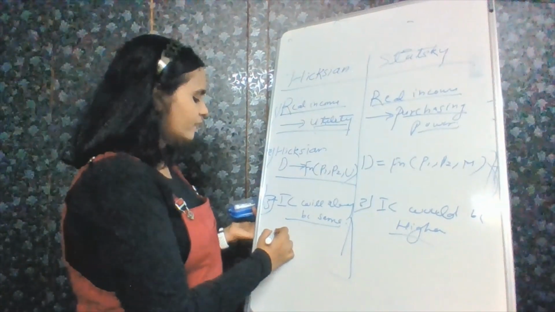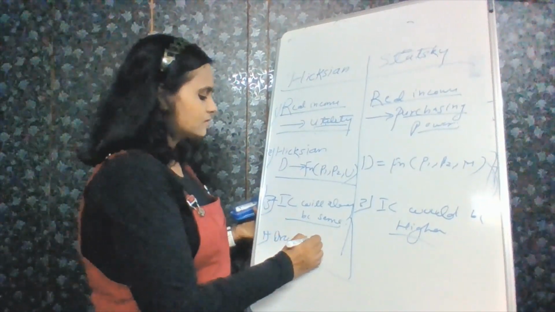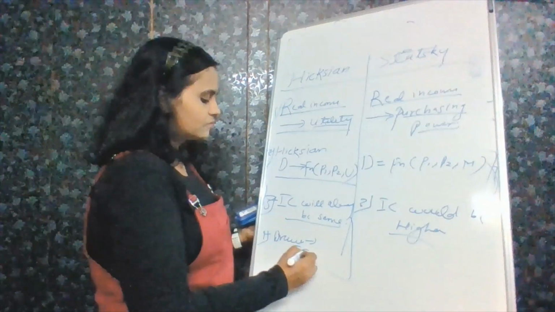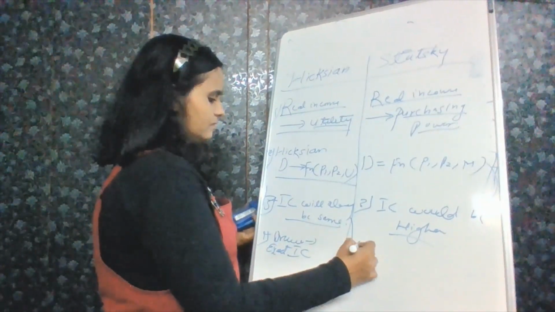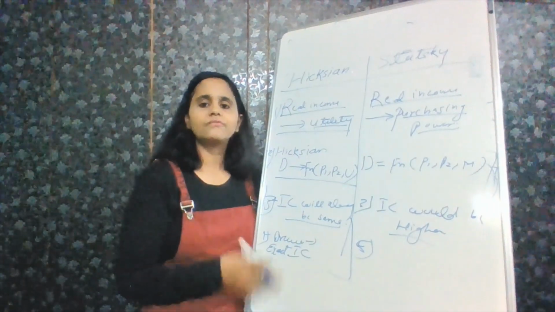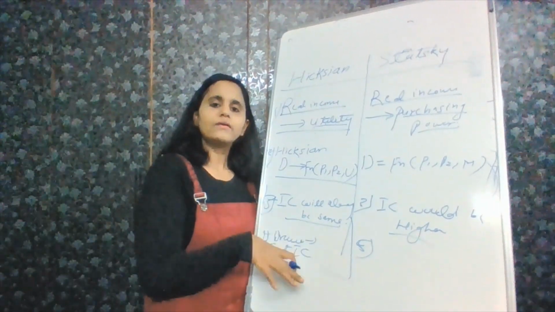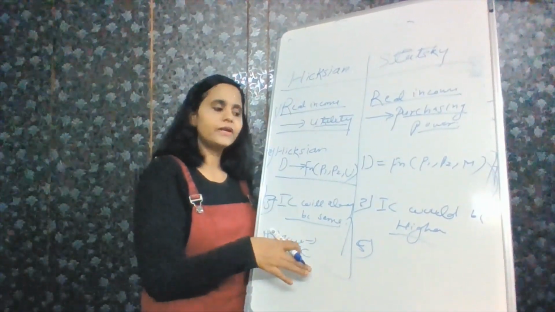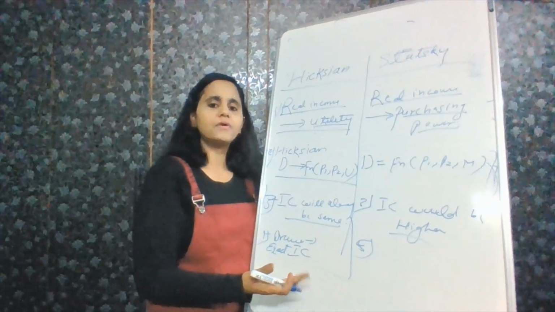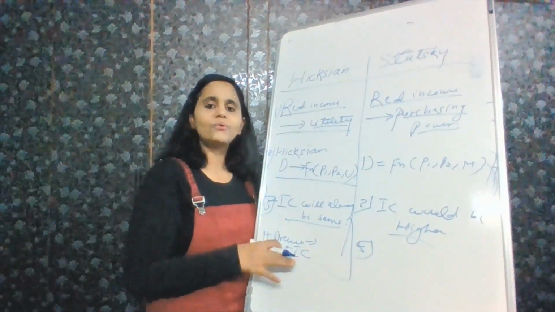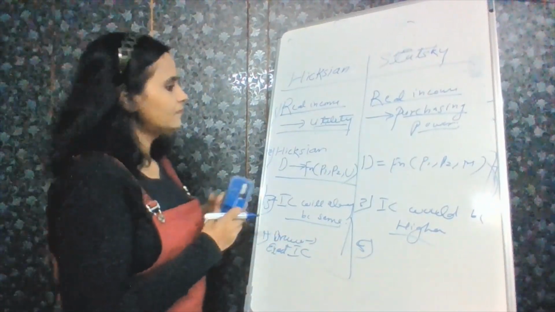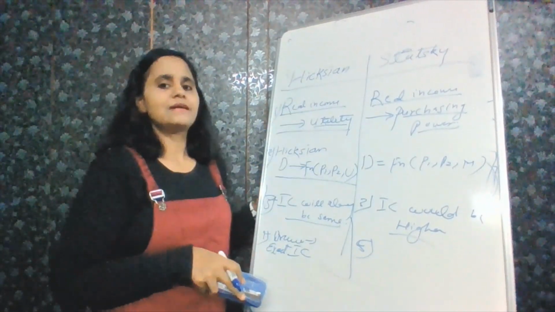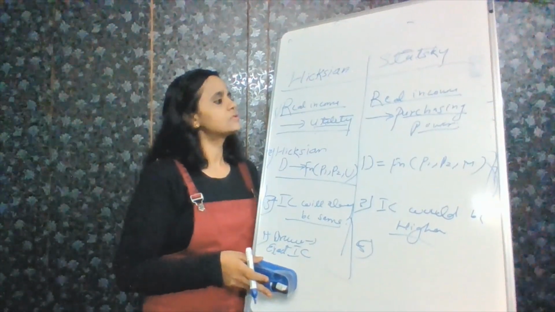That's the main drawback of the Hicksian approach, that you need to have knowledge of the exact IC, which is not the case in the Slutsky approach. Your utility indifference curve can be different. You are going by your purchasing power, so you don't need to know the exact indifference curve. That is the difference between the Slutsky and Hicksian approaches.